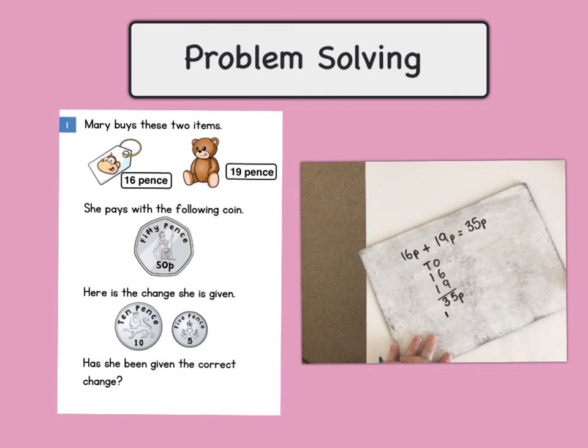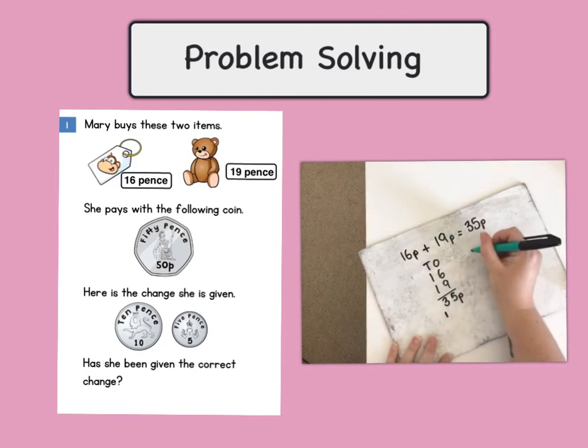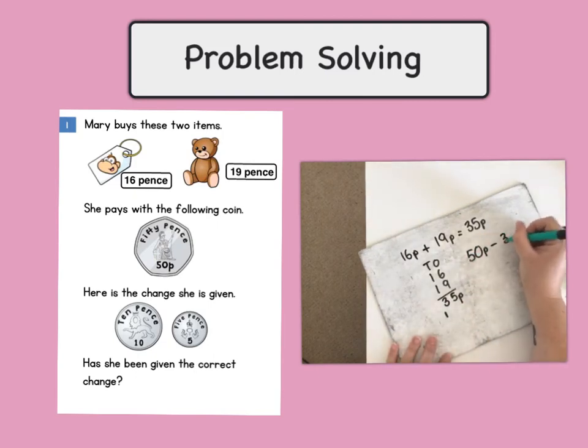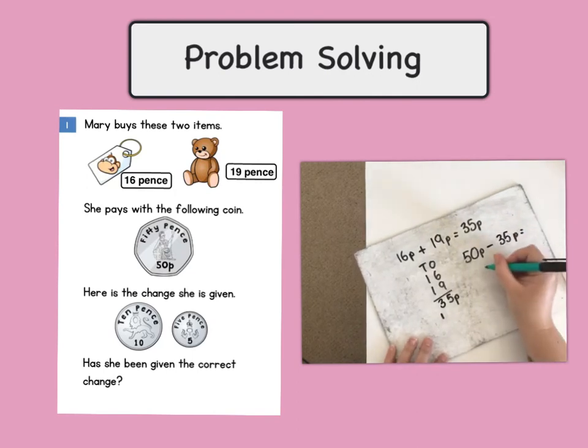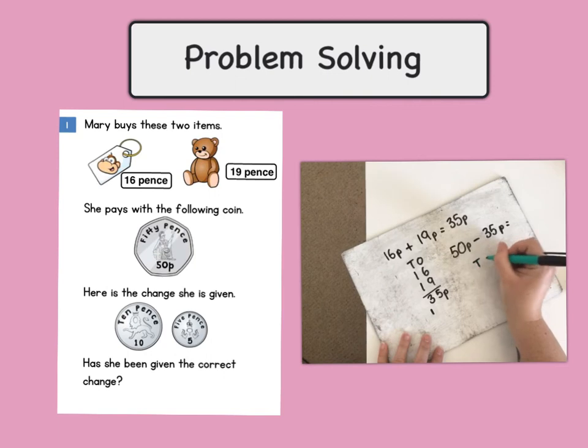Now, the second part is if she is given the correct change. So now I need to do 50p, because that's what she paid with, take away 35p, how much she spent. Again, I'm going to use column subtraction to work this out to check the answer. So it'll be 50, take away 35.